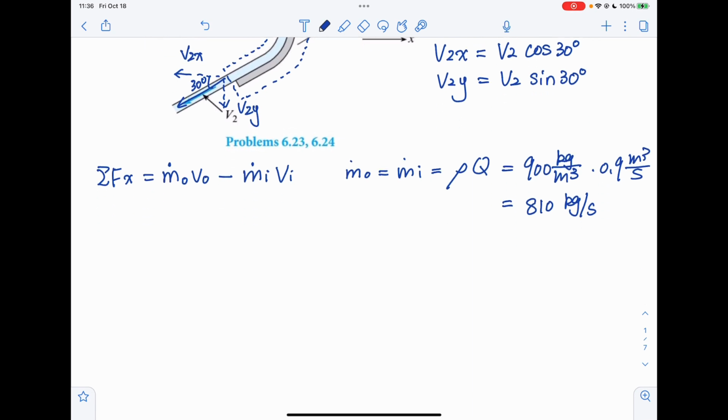So now we have most of the parameters of the momentum equation.